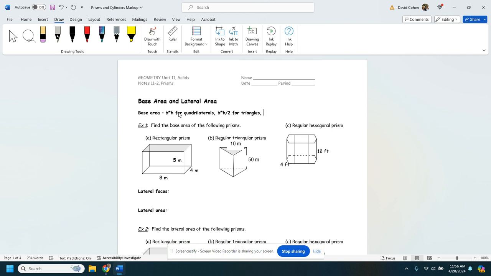And then for polygons, apothem times perimeter, which is just the number of sides times the side length, again divided by 2, which is how you put it into your calculator. Calculators are in the back bookshelf as you walk in my door.